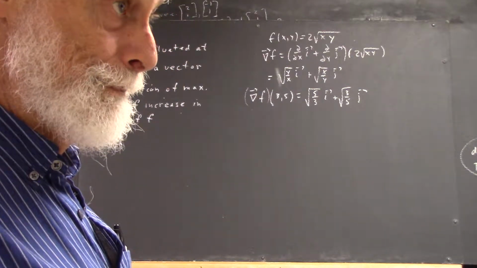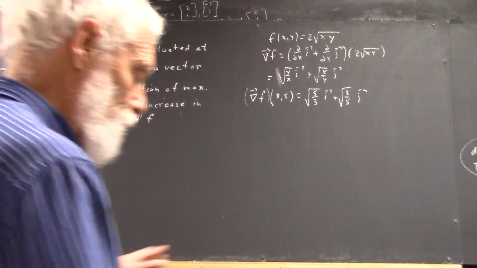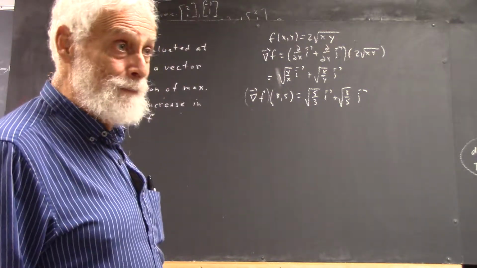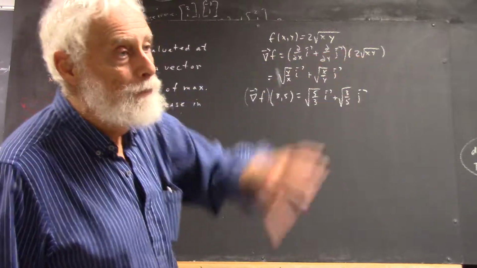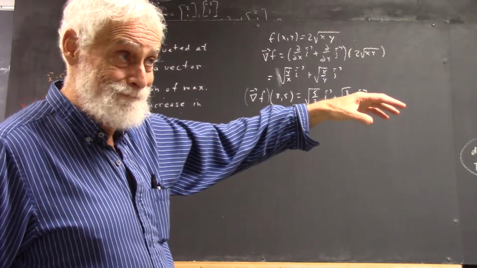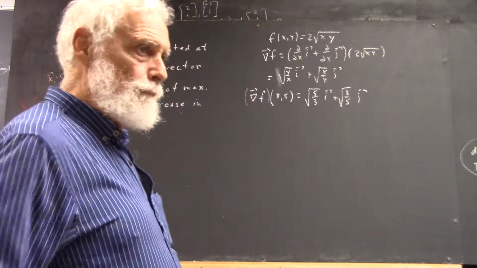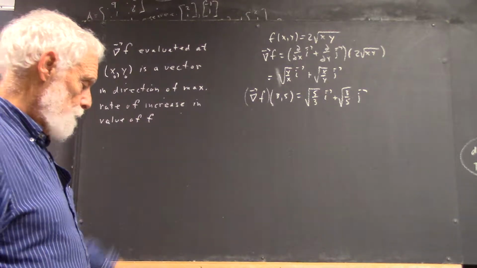Okay? Now there are analogies to walking on a hillside. I'll just mention, if you're on a hillside, well, that hill is a function of 2 variables. Z is your altitude, x and y is your position on a plane.